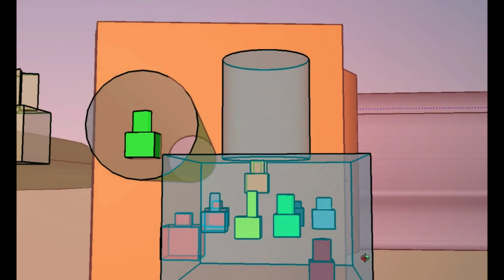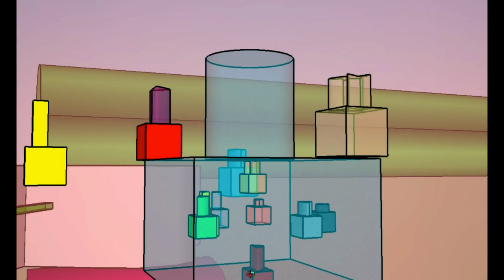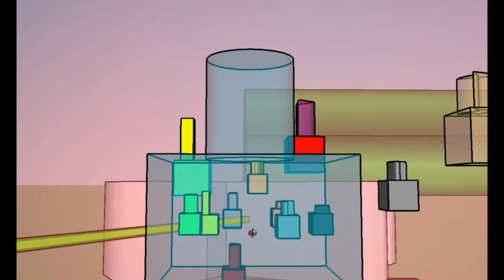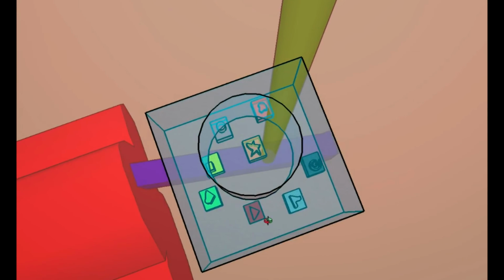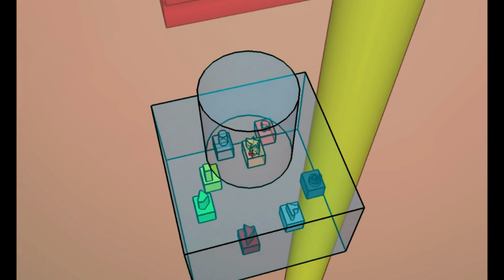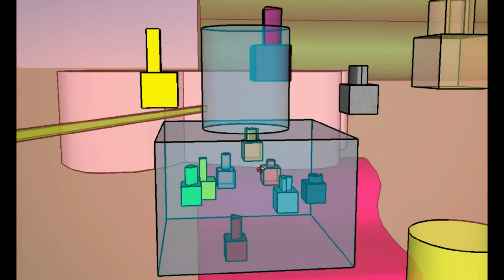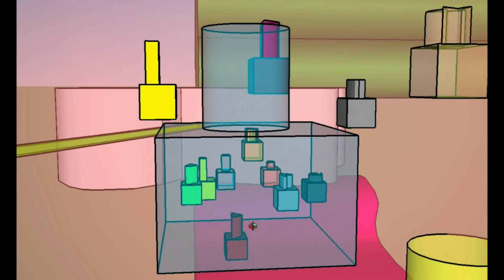And look at the poor red one. He is on the bottom and he is really in a not dominant position. So maybe this guy sees the red guy as a loser.